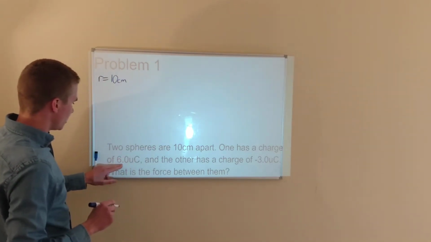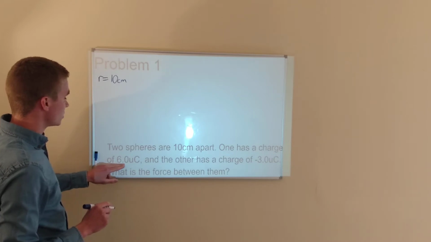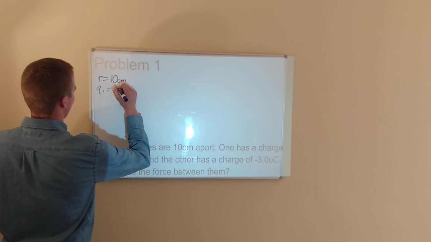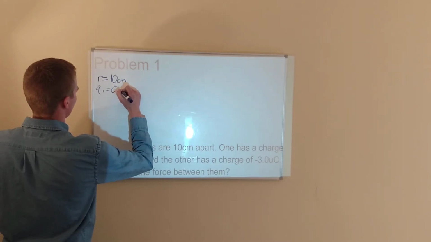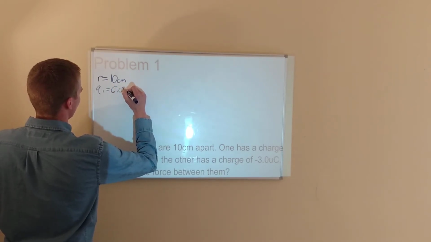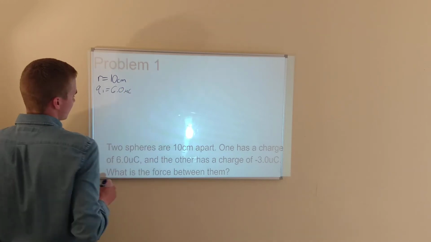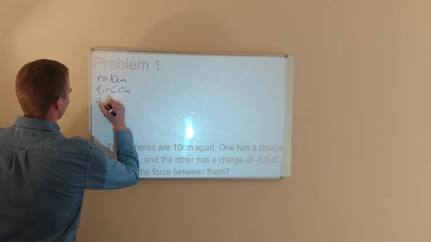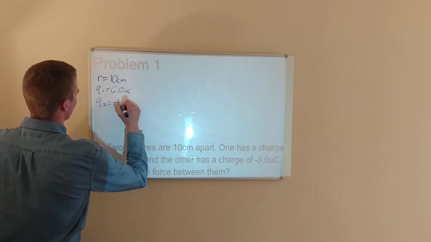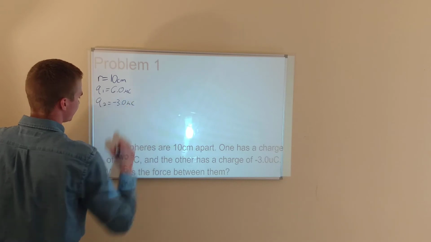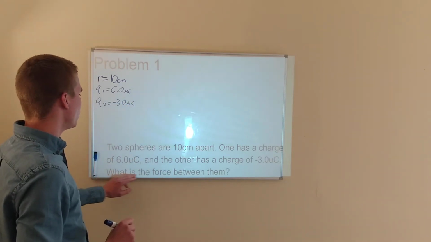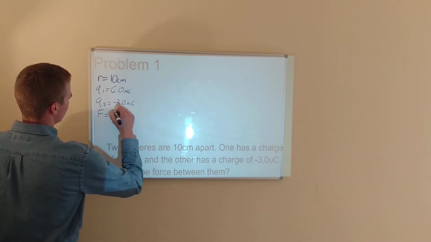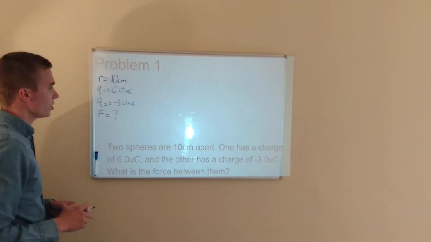The one sphere has a charge of 6 microcoulombs. I'll put the decimal in. And the other has a charge of -3 microcoulombs. And we want to know what the force is in between them. Okay, so I have my knowns.